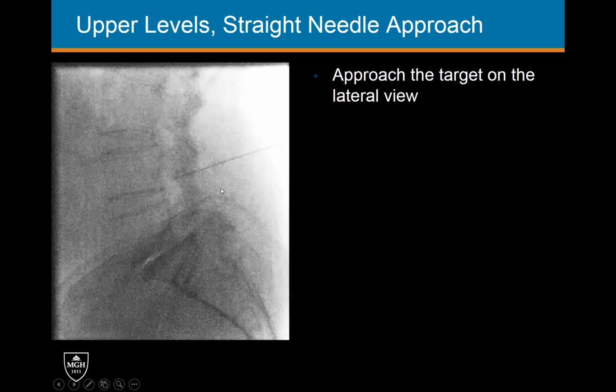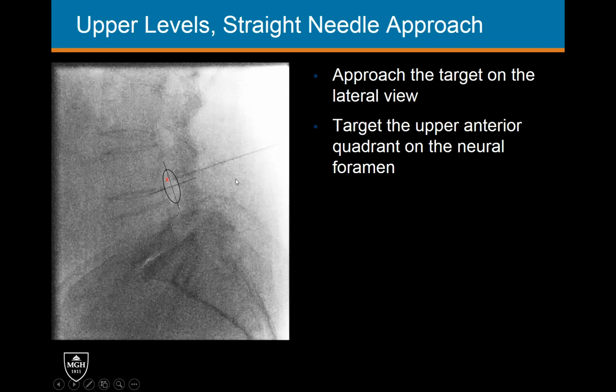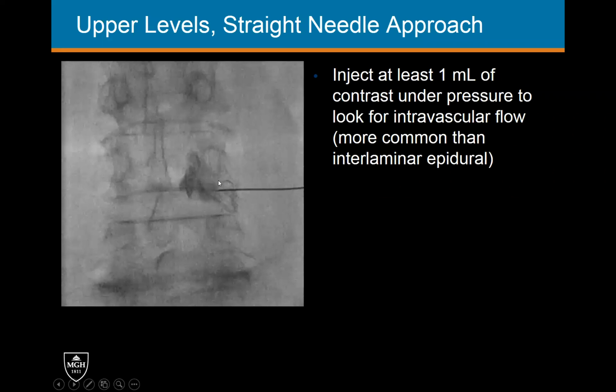And on the lateral view, you're getting closer to the target. And here's your neuroforamen. Remember, you want to go to the anterior upper quadrant of the neuroforamen. That's your goal. So we're still a little posterior, but we're coming in. And here on the final, when you inject, it's on the AP. This is a little bit low, probably a little bit higher would be better.